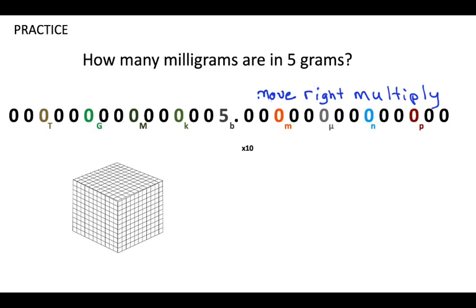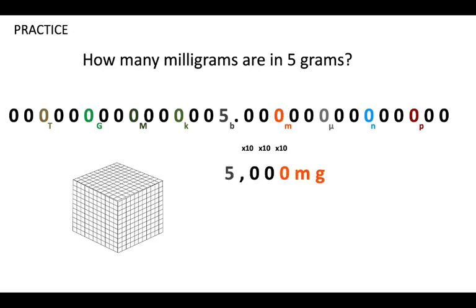So we're going to multiply once, twice, and a third time to get us in position for milligrams over here. And that gets us to the number 5,000 milligrams.